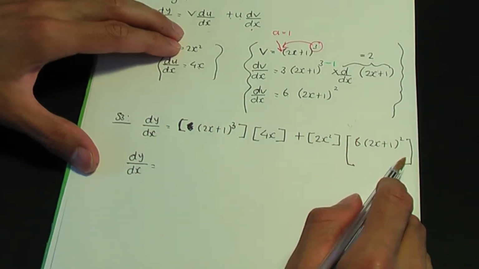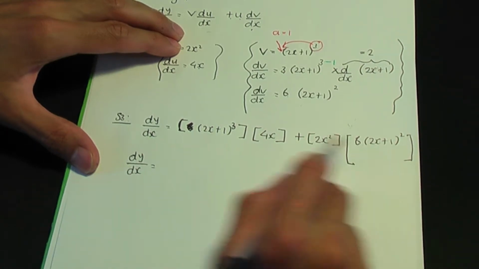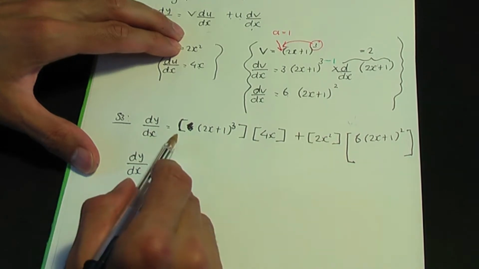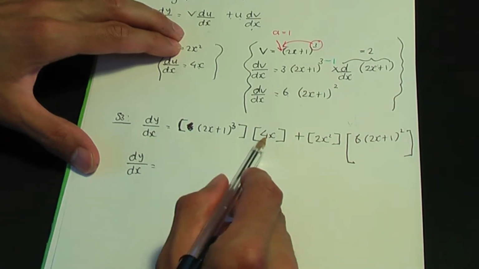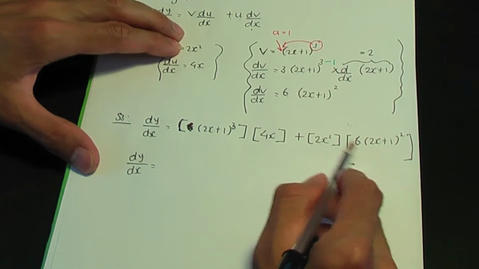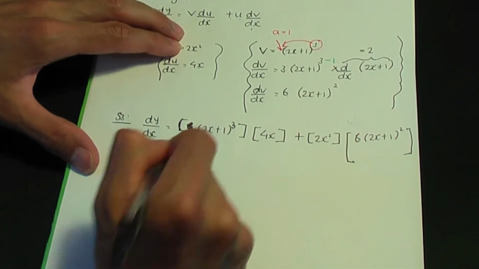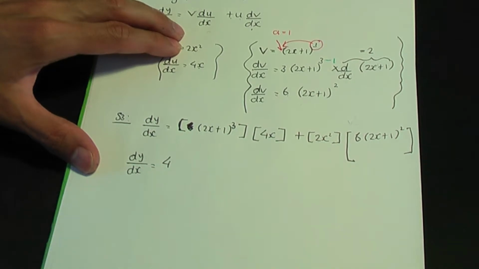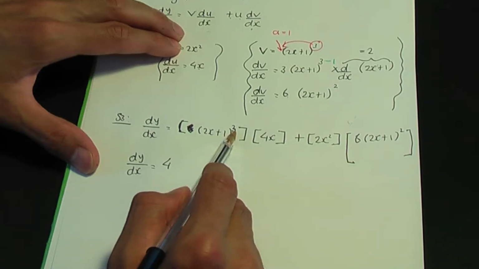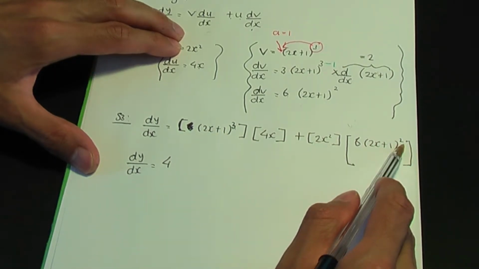So if we look carefully and factorize this, as far as the numbers or the constants are concerned, I have 4 here, and I have 6 times 2, which is a 12. So as far as the numbers are concerned, I'm going to take out a common factor of 4. Also, I have a 2x plus 1 cubed and a 2x plus 1 squared here.